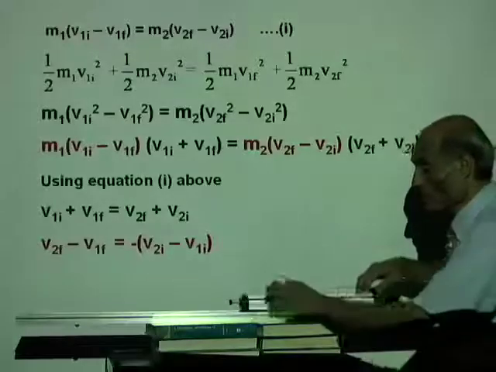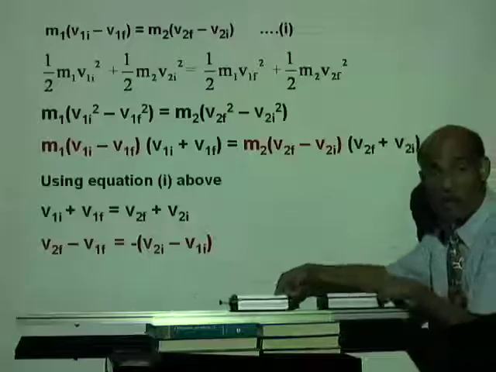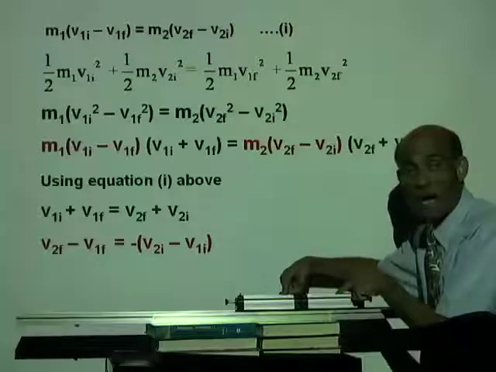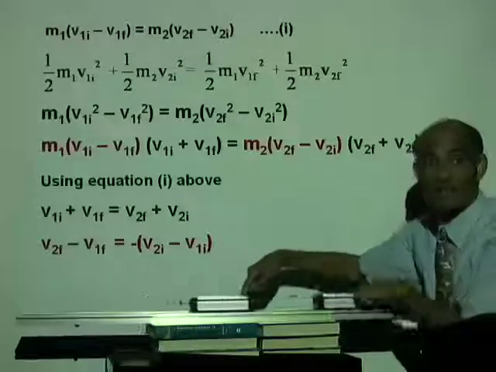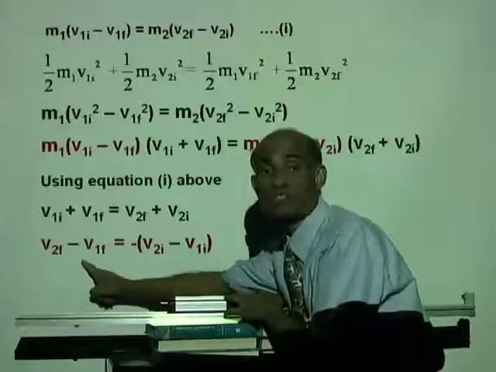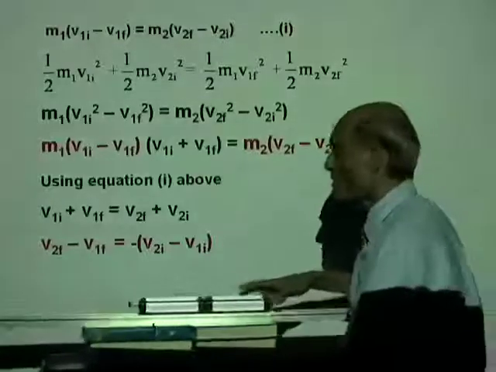So, one more time, V2I minus V1I is the velocity of approach, and V2F minus V1F is the velocity of recession. And what we have here is that the velocity of recession is the negative of the velocity of approach.